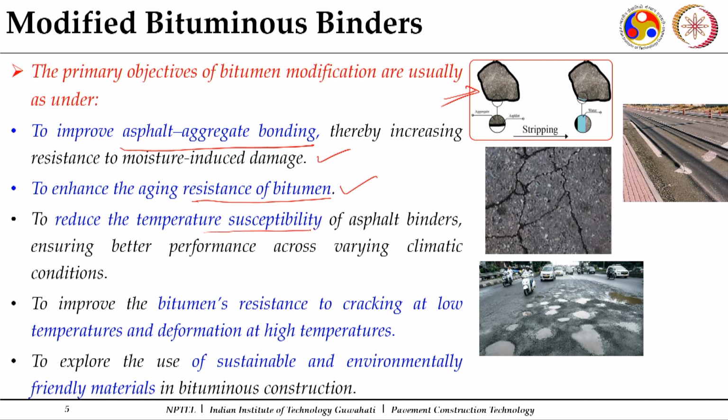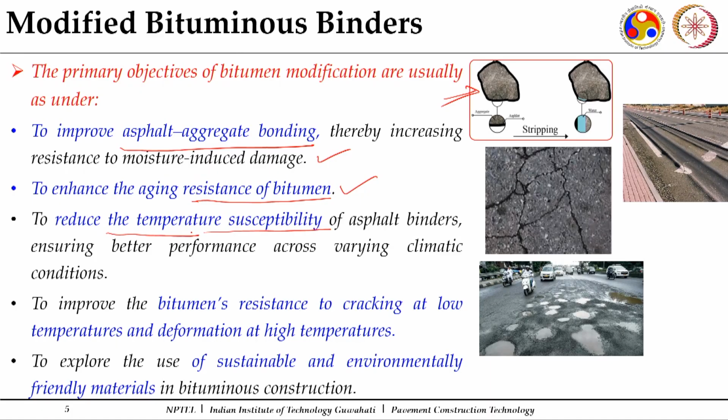To reduce the temperature susceptibility: as binder consistency changes with temperature, the binder becomes soft at higher temperatures and stiff at lower temperatures, but we do not expect very sharp changes, where as soon as the temperature increases the binder becomes soft, and with a certain drop it becomes very stiff.